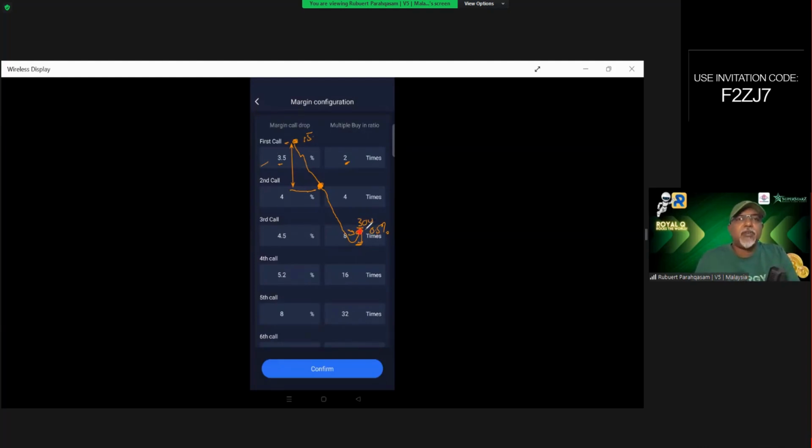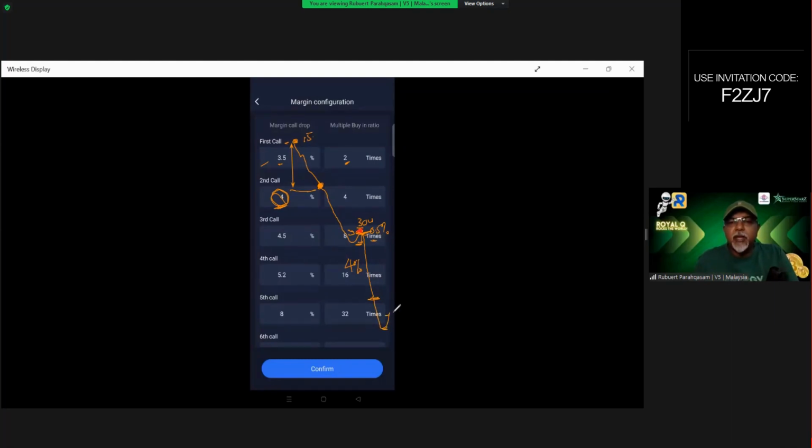Is the market still going to go higher? Is the market going to go lower? It doesn't know. Suppose the market goes down after this. If it drops by another 4% from the last position it bought, because second call is 4%, it gets ready to buy again. It now monitors the market until the callback happens. Callback is 0.5%.